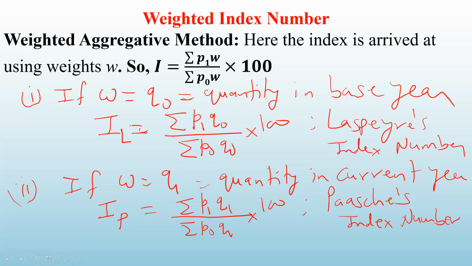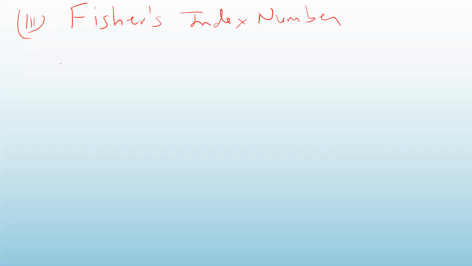The third one is called Fisher's index number. How do you get Fisher's index number? It is denoted by IF. It is the square root of IL into IP.